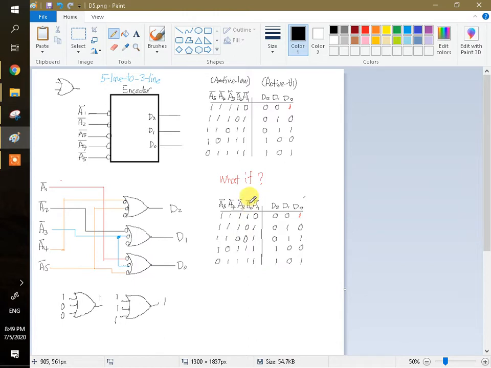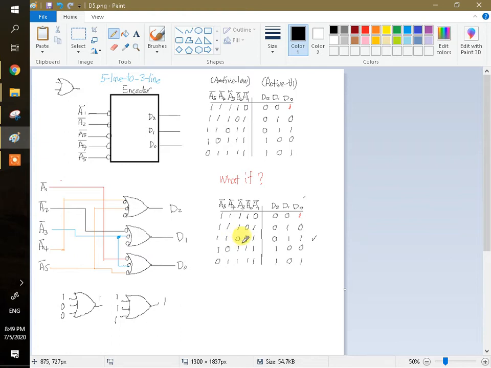When this is activated, output A2, you will get 1 0 here. You will definitely get this 1, because it's active high. So the output is still this one, and this is correct. But the problem is, if the user presses these 2, we have to decide which output we should use.